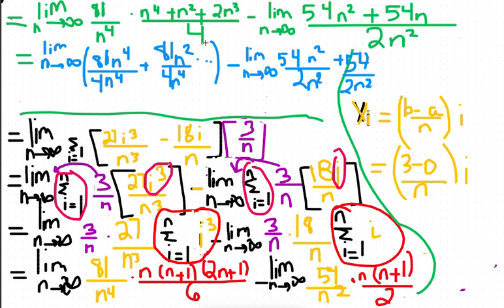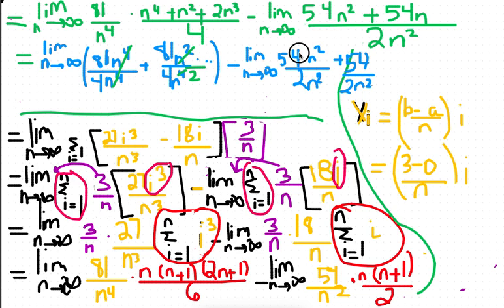And once you split everything up, what's going to happen is they're just going to end up canceling. n to the 4 and n to the 4 cancel. Everything else that's below this, like n squared over n to the 4, they'd cancel, but on the denominator you'd still have an n term left over. So when you find the limit to infinity, it's just going to be 0. So anything after this first term, once the n to the 4 and n to the 4 cancel, everything else would just be going to 0 because the n's would not cancel. So this would all go to 0.